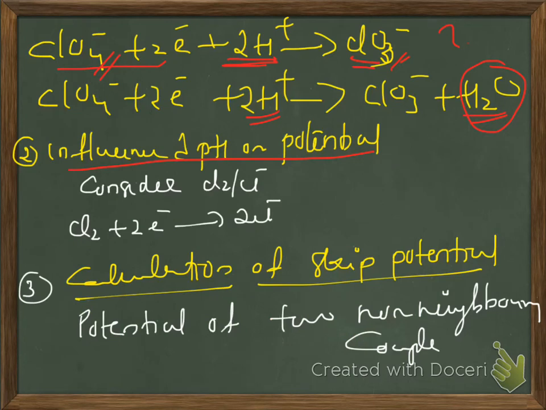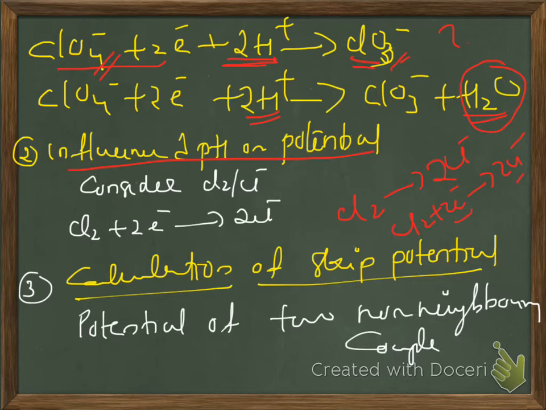That reaction is Cl2 to Cl minus. Then balance the chlorine. In Cl2, we have 2 chlorine on the LHS, so we have to put 2 here. Then balance the oxidation number: Cl2 plus 2 electrons gives 2 Cl minus. Charge is also balanced, 2 minus, 2 minus.